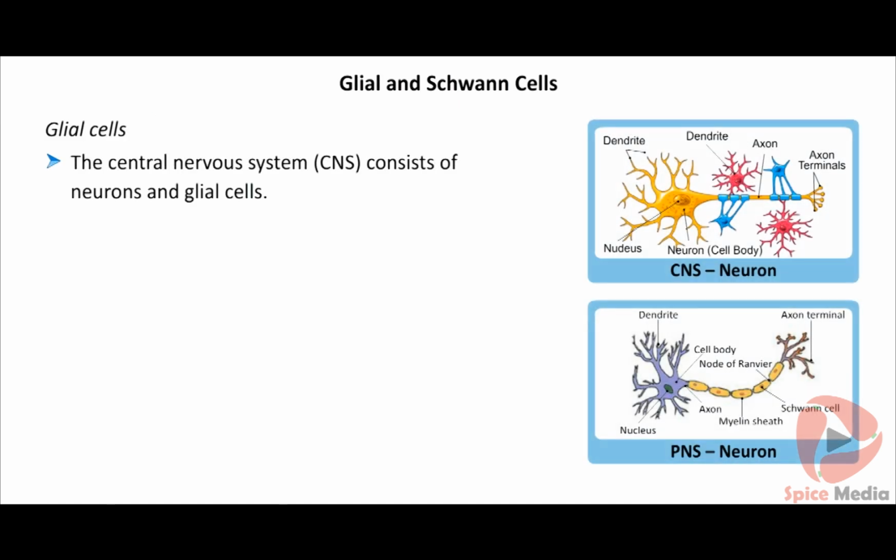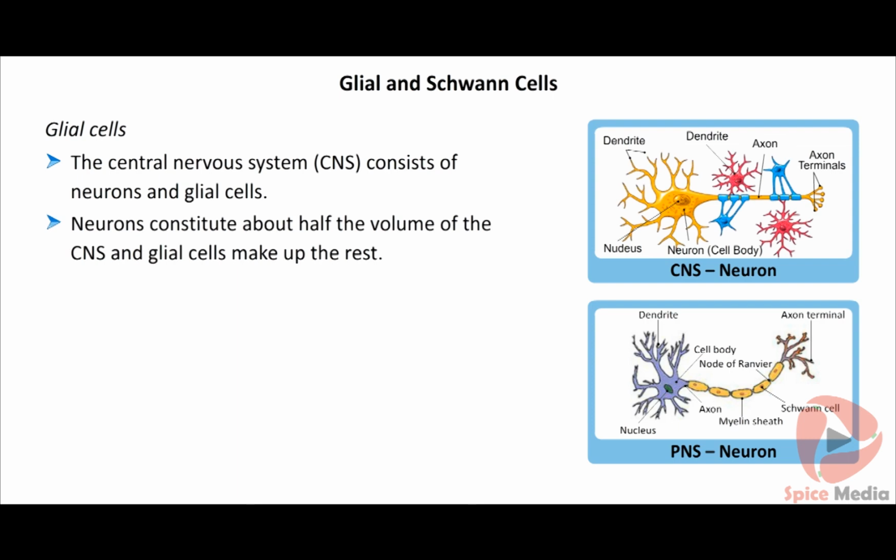Glial and Schwann cells. The central nervous system consists of neurons and glial cells. Neurons constitute about half the volume of the CNS, and glial cells make up the rest. Glial cells provide support and protection to the neurons.